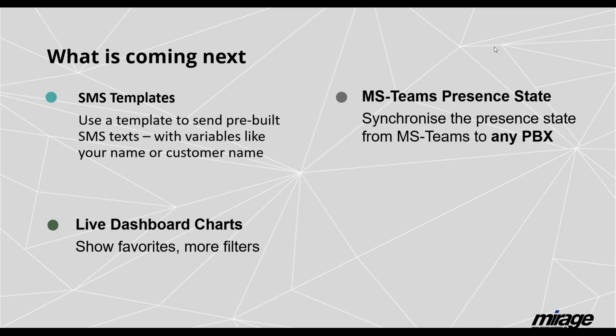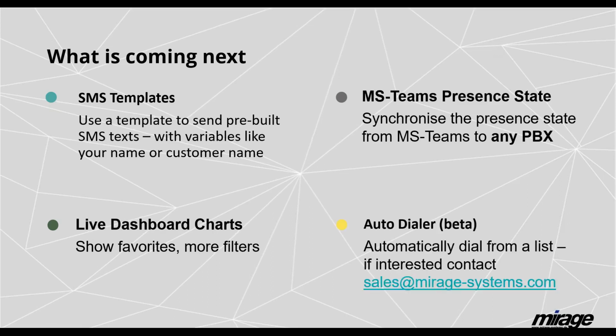We can then automatically synchronize this with the presence state in Salesforce, to give your colleagues the possibility of knowing where you are, if you are in a call or in a meeting, and so on.